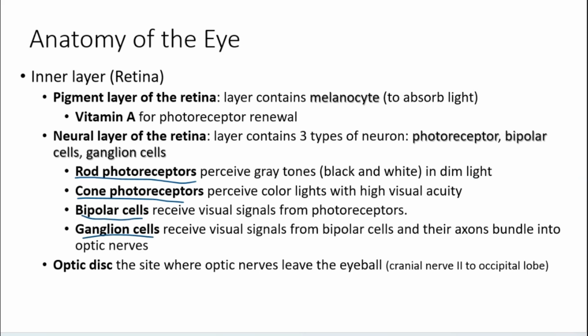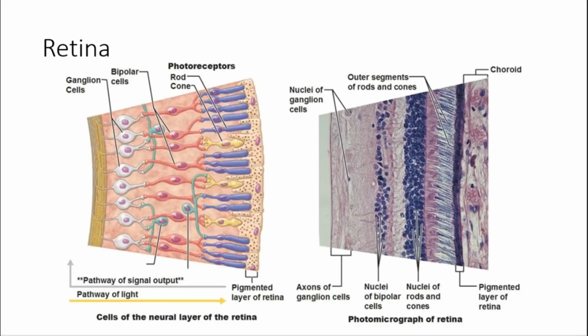Once the ganglion cells receive the neuronal signal, they bundle together into the optic nerve, passing out the back of the eyeball through the opening called the optic disc. We show you the photoreceptor, the bipolar cell, and the ganglion cell, and then we'll get to see the optic disc and optic nerve. So have a look at the next slide here.